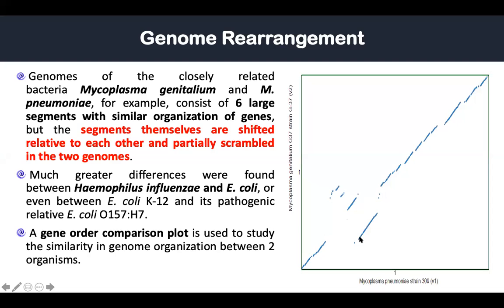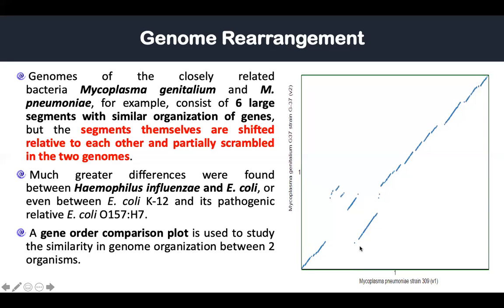And here again, there are a few diagonal lines, but it is not like a collinear line. Which means there are dissimilarities in the position of the gene. In the Mycoplasma pneumoniae strain it is around, for instance, here, and in Mycoplasma genitalium it's somewhere here.